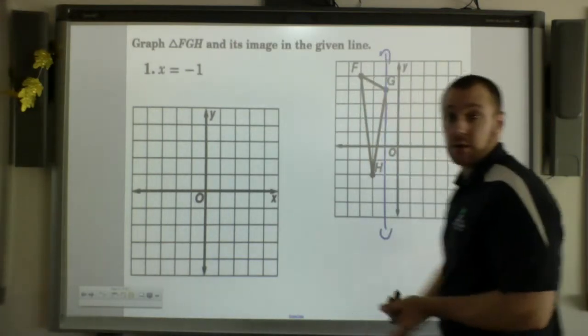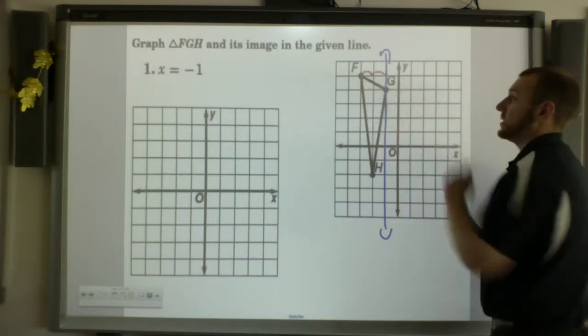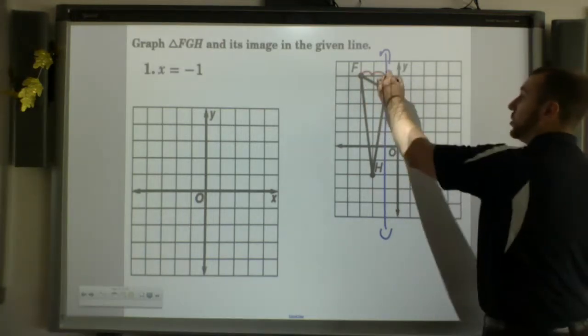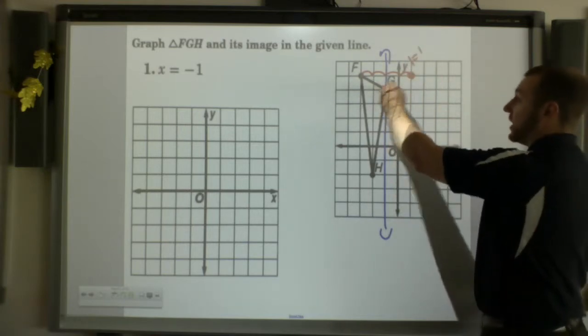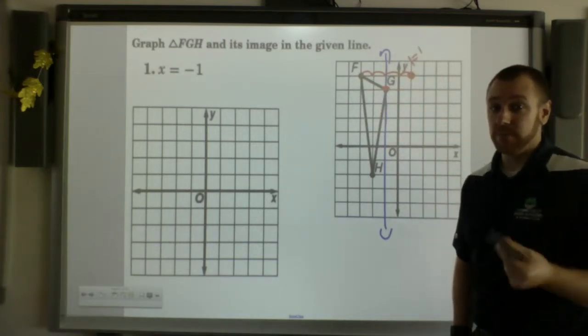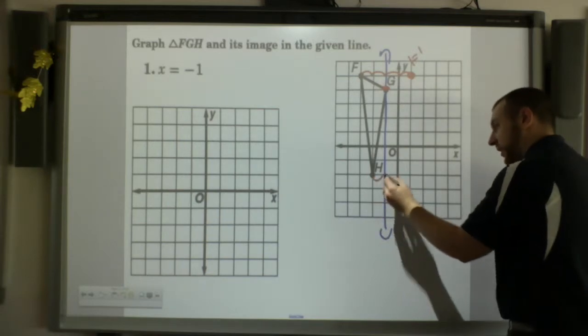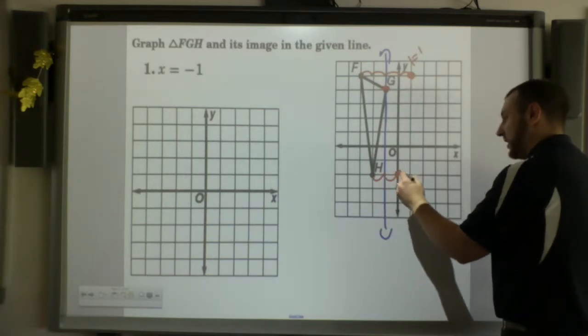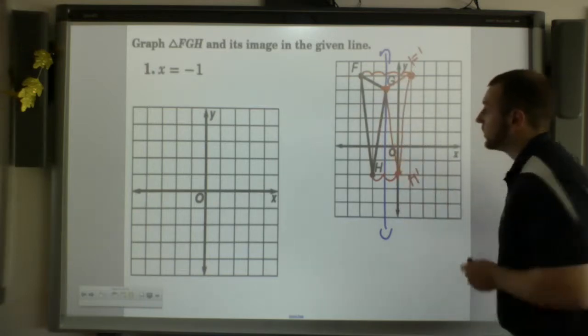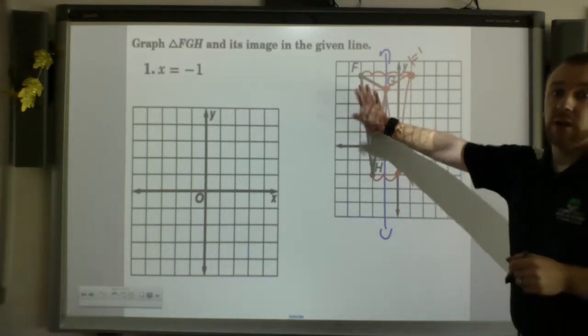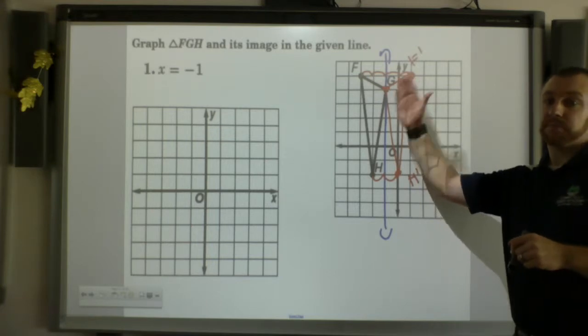So I count. F is 2 away on this side, so my new point is going to be 2 away on this side. G is right on that line, so that doesn't move. H is 1 away, so I go 1 away on this side. There's my new H. I create this figure, and you can see that this triangle reflects over here.